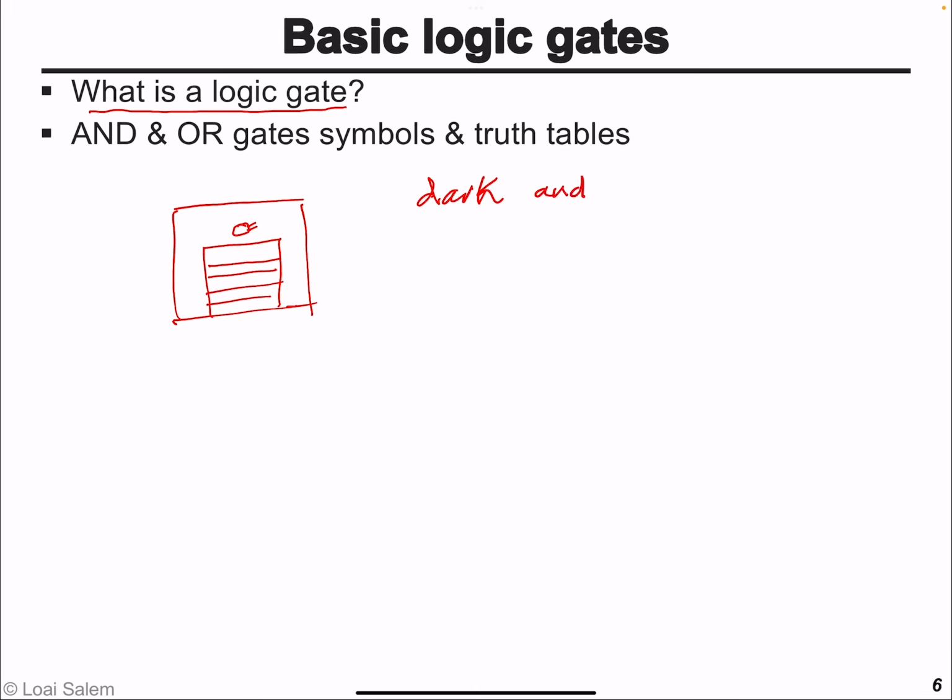So once a car arrives in front of the garage, or there is motion in front of the garage, and it's dark or nighttime, the light bulb is going to turn on.